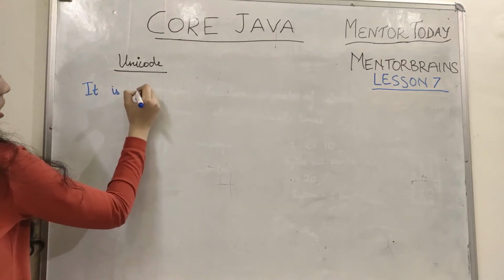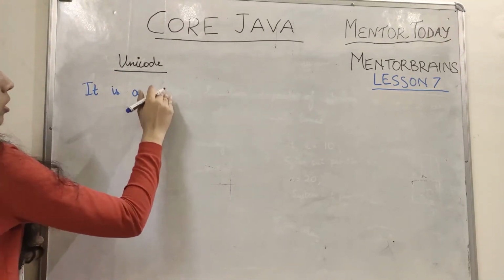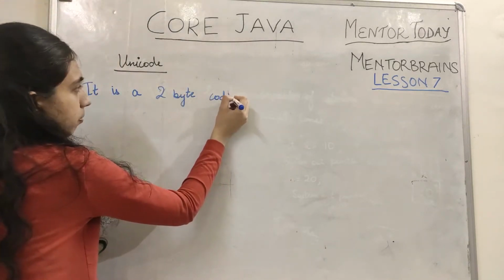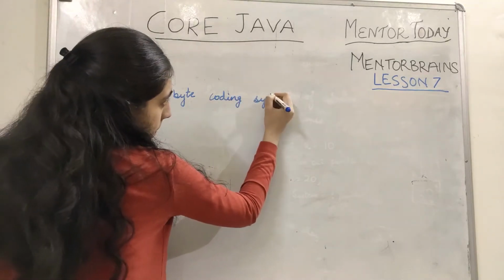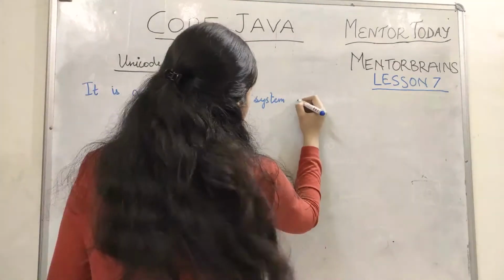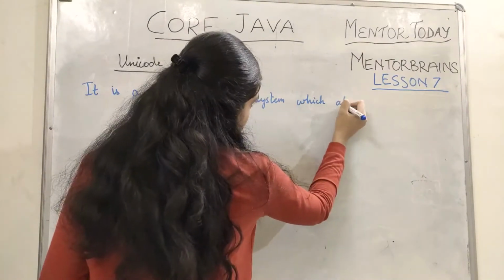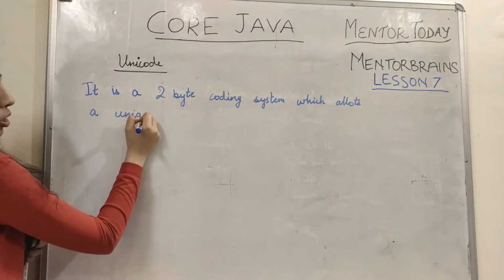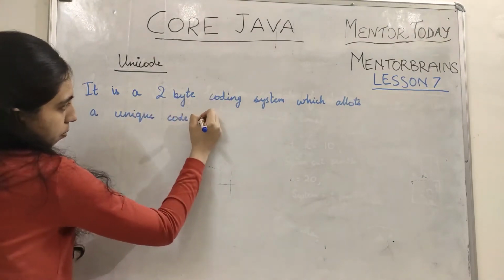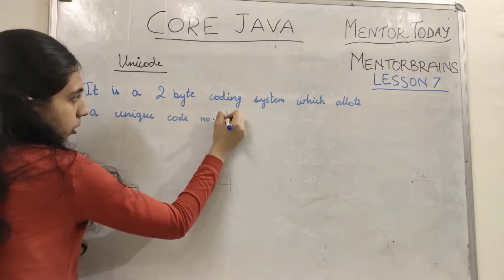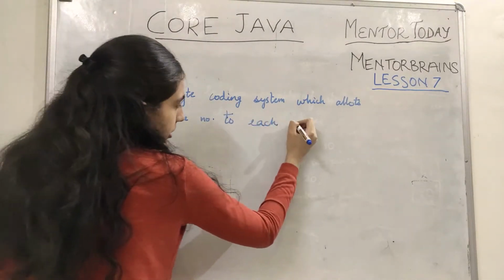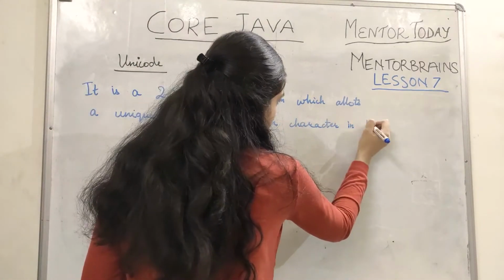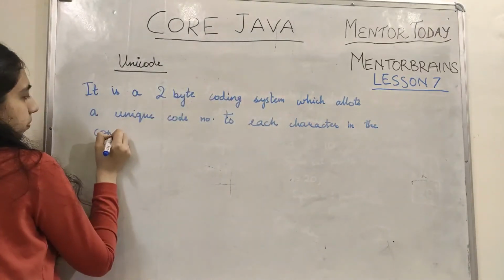Unicode is a 2-byte coding system which allots a unique code number to each character in the computer.